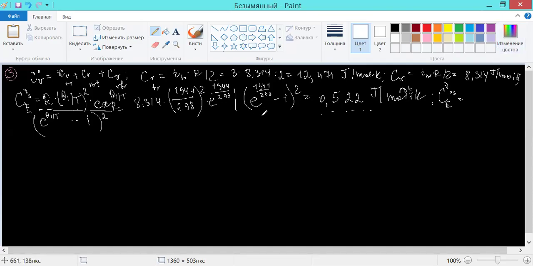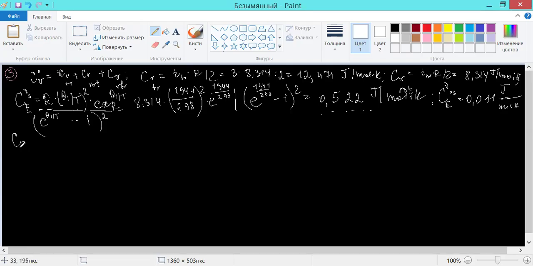And if you use the same formula, but with alpha 2, you can see that this component is equal to 0.011 joules per mole Kelvin. Okay. So as you can see, it's not large, but still it gives its contribution to the total heat capacity in terms of vibration movement.